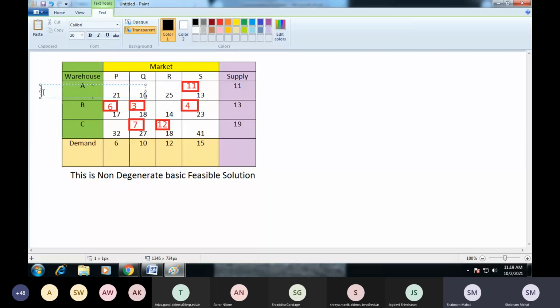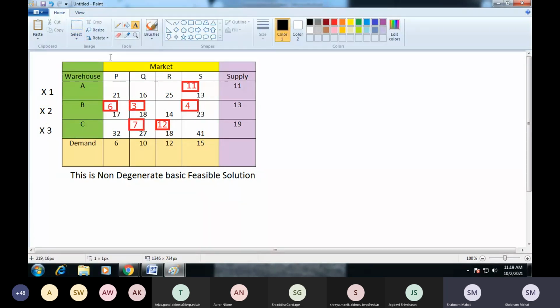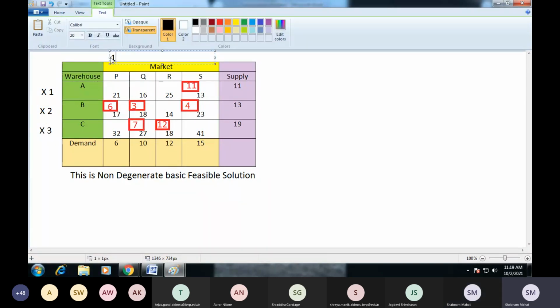Whenever we try to write a solution, we have to consider every cell equal to x. So this is my first row x1, this is my second row x2, this is my third row x3. Again, this is my first column, so I write one here, then second column, third column, and fourth column.